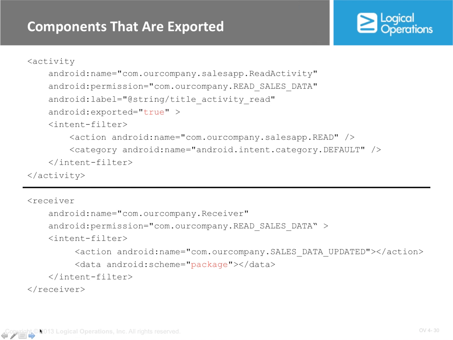It can be exported. That's why I've highlighted true there for you. The receiver has full privileges to it, full privilege to read sales data and then to update the sales data, and they're using the package. The entire package is the scheme. Okay.